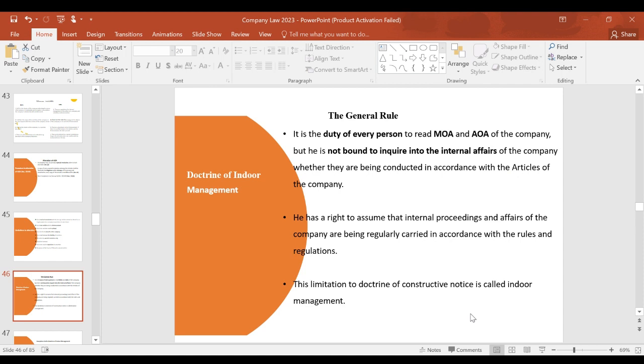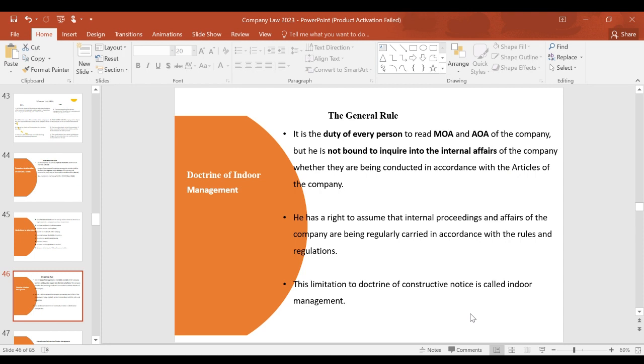However, it's also important for us to know that the Articles of Association and Memorandum of Association are public documents and they can be accessed at the registered office of a company. And as such, there is a duty of every person to read the Memorandum of Association and also the Articles of Association.